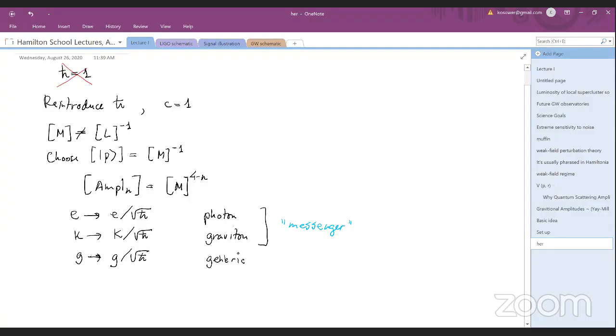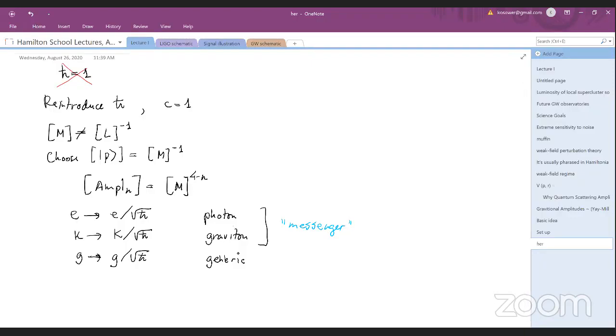Now, David, can you once again explain why e scales like e upon h bar? It's just the dimensions. In the action, usually e to the power i S upon h bar in the path integral appears. So the coupling constant usually scales like 1 over h bar.